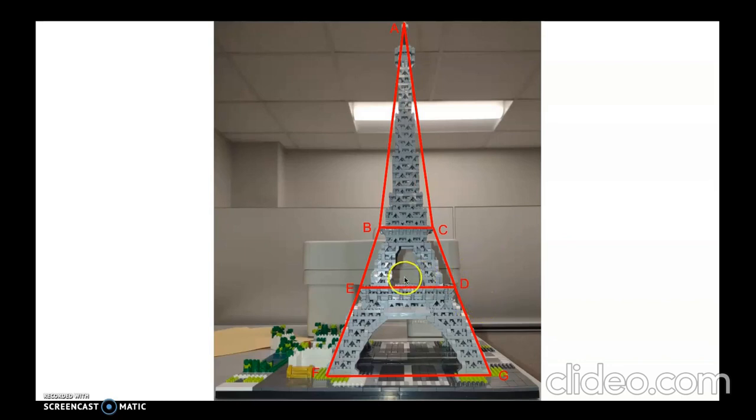But the problem is even if I tried to do this, I would need to make more changes on page 2, because ED or BC, that's what I mean when I say the platforms, well, those platforms are not of that same ratio that they're supposed to be, right?